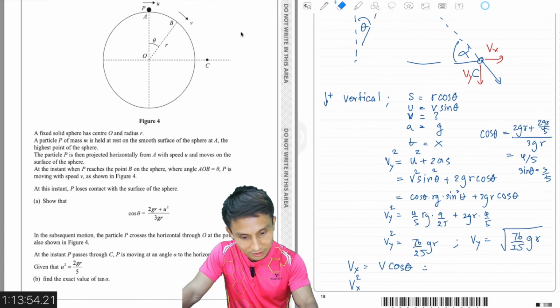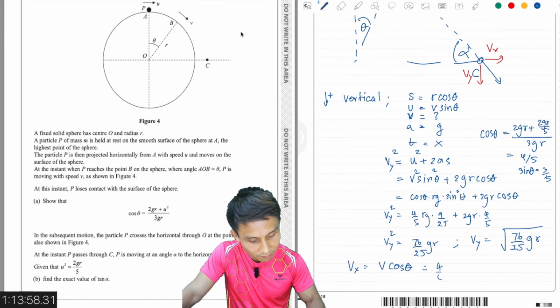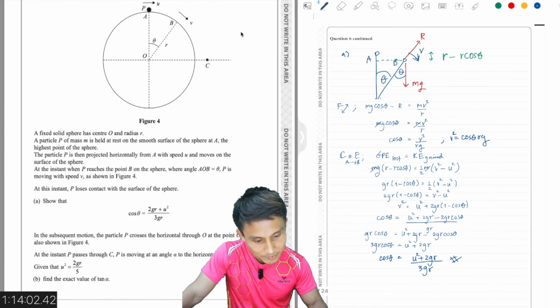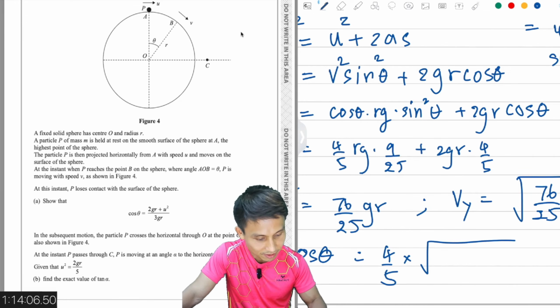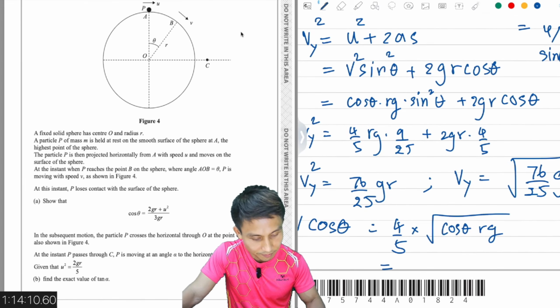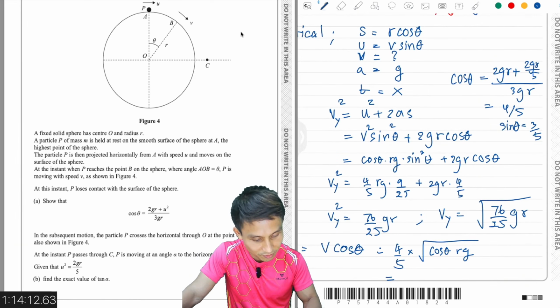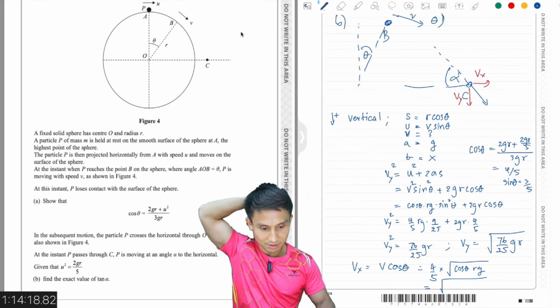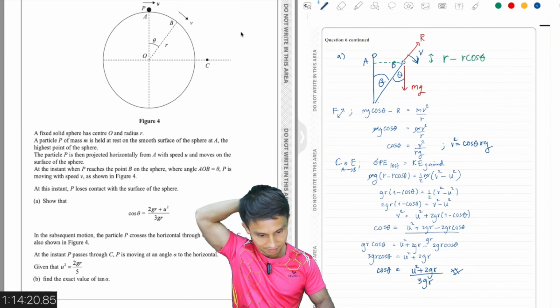So Vx is just V cos theta. Cos theta is already 4 over 5, and V is root of cos theta rg, where cos theta is 4 over 5 again. So I'm just going to put everything in the root.